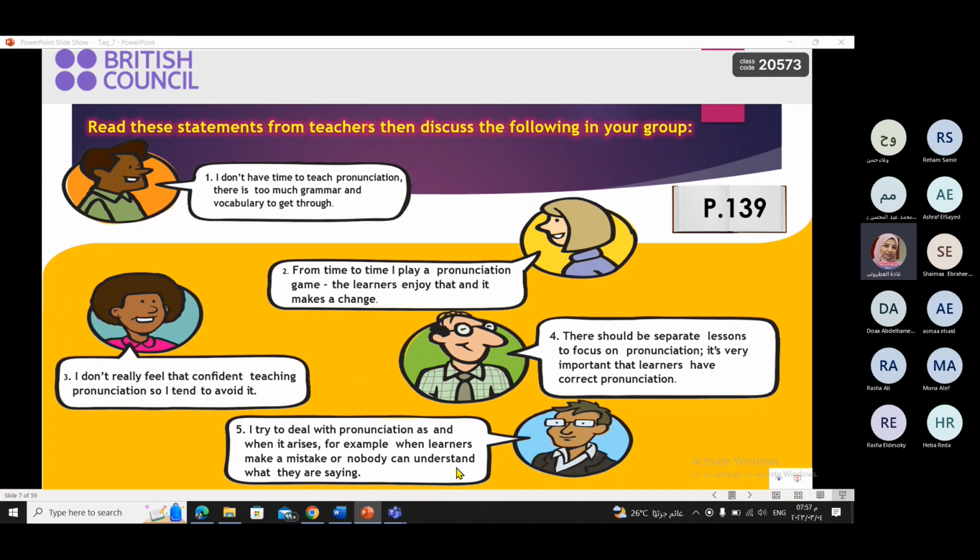So this teacher thinks that pronunciation should be taught only when a student makes a mistake, when some students cannot read the word in the correct way or cannot read the sentence with the correct sentence stress. At this time, the teacher must teach pronunciation. Do you agree with that or not?